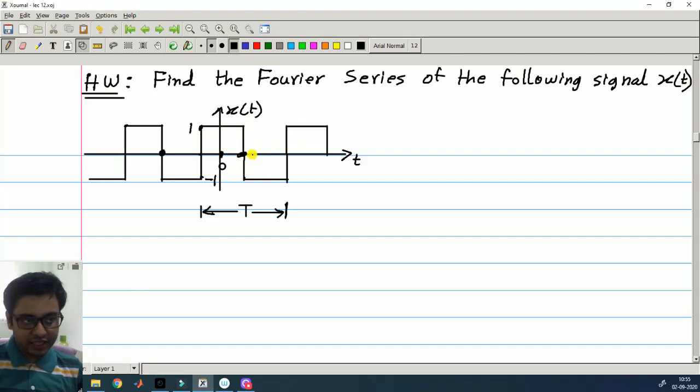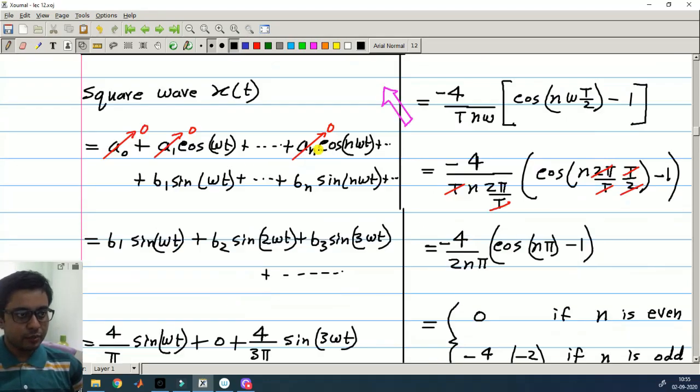Then this time will be T over 4, this point will be 3T over 4, this will be minus T over 4, and so on. Your task is to find the Fourier series for this square wave. That means find the values of a0, a1, a2, b1, b2, etc. for this square wave, following the approach we used in the previous example.